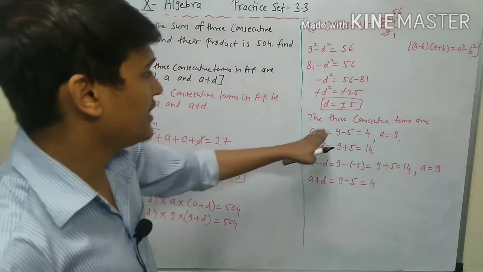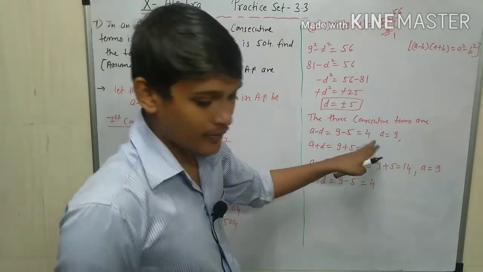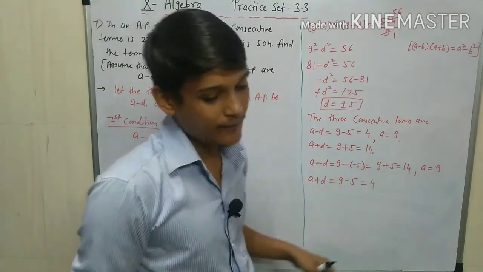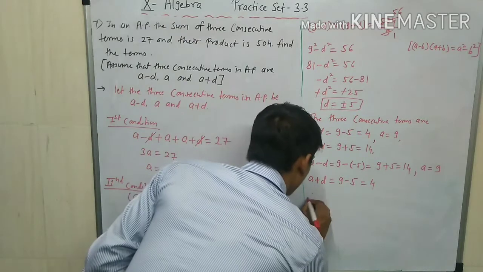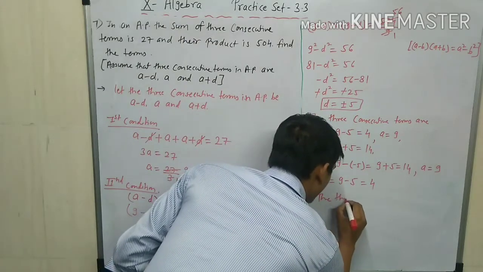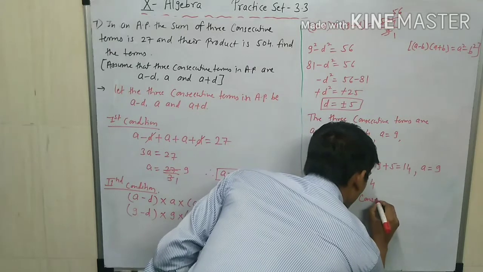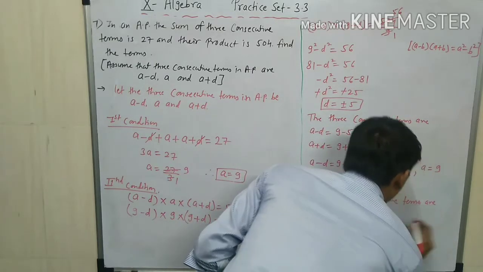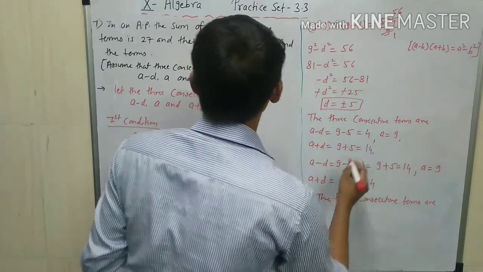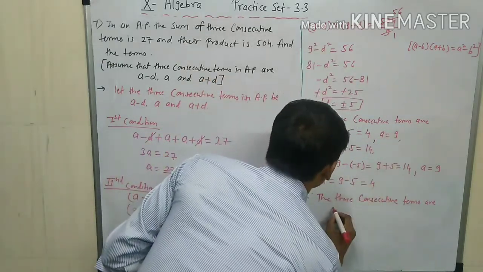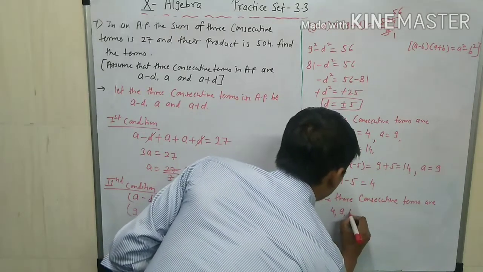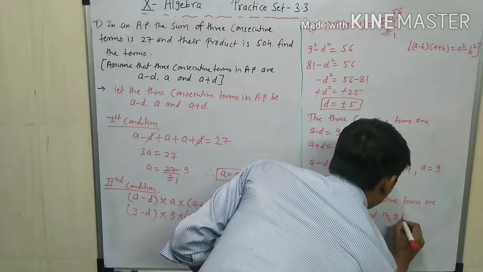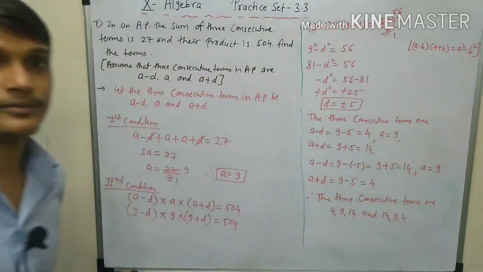Now these three terms, the three consecutive terms, are which terms? 4, 9, 14 and 14, 9, 4. Clear?